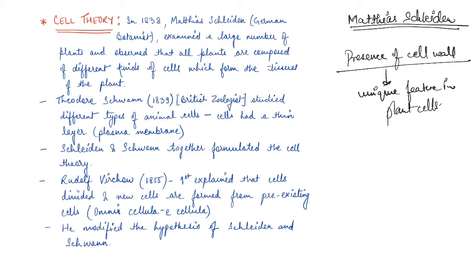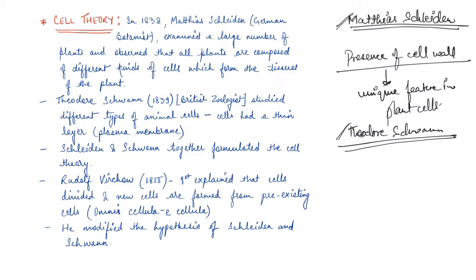So again, Theodor Schwann said that the bodies of animals and plants are composed of cells and they are products of cells, right? Both the botanist and the zoologist, Schleiden and Schwann, together formulated the cell theory. However, this theory didn't explain how new cells were formed. They just gave the cell theory that all plants and animals are made up of cells, right?